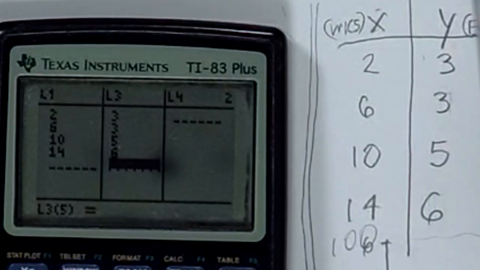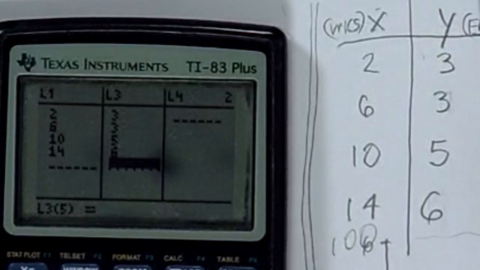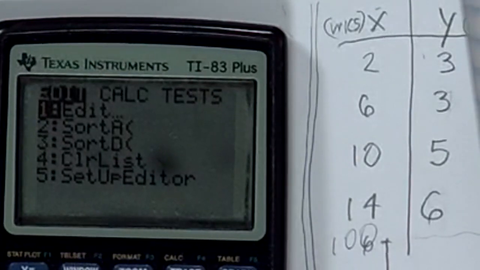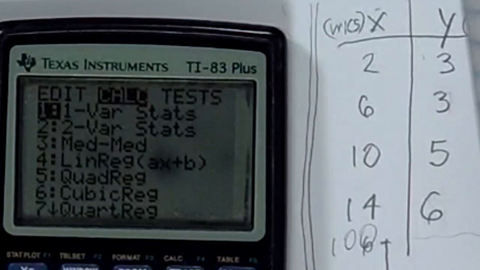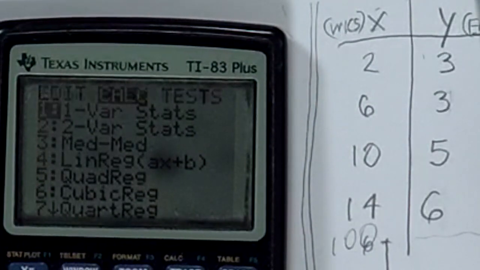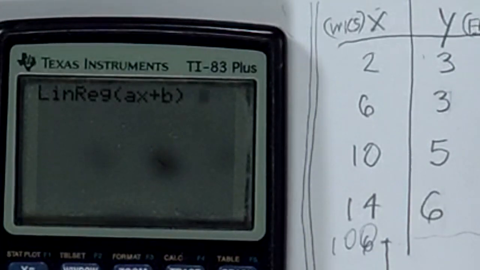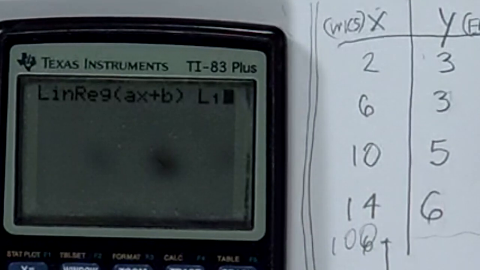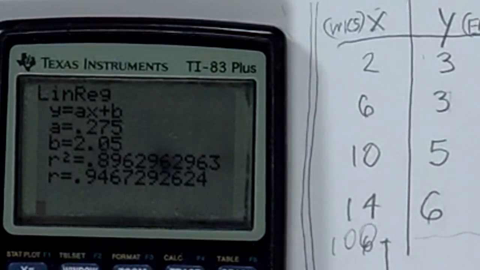I'm sorry you can't really see that very well. I believe we can go to stat, go to calculate, and then go to where it says linear regression. Let's go to 4, and we want to find a linear regression using the data. I'm going to call list 1, and then put a comma, and then call list 3, and hit enter there, and amen, look what we got.